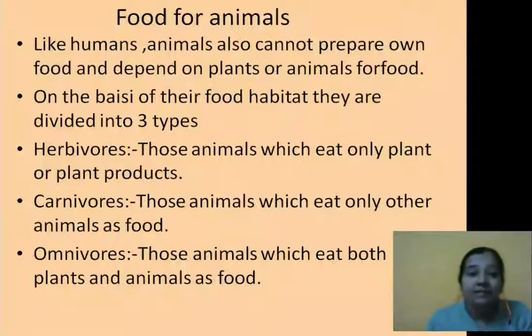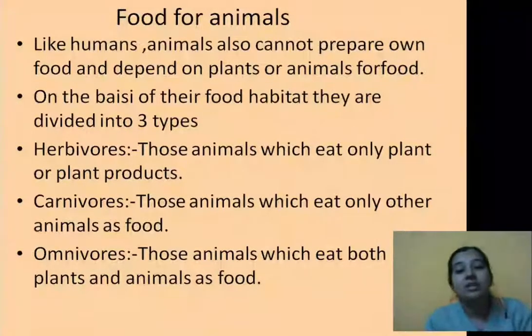Which are they? First one is herbivorous animals. What are herbivorous animals? These are animals which eat only plants or plant products. Example, we have cow, goat, sheep. So they eat only plants or plant products. Next comes carnivorous.